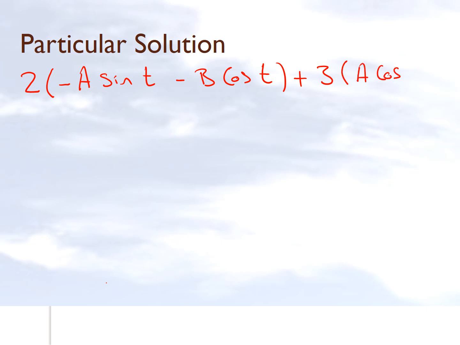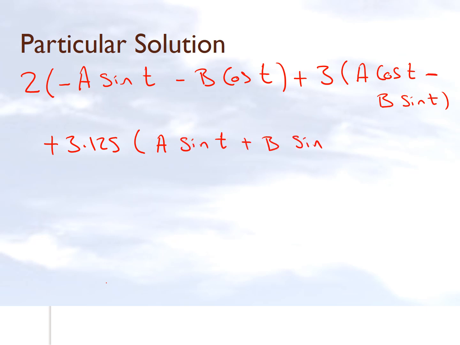We have 2 times the second derivative, which is minus a sine t minus b cosine t, and then plus 3 times the first derivative, so that is a cosine t minus b sine t, and then plus 3.125 y, so it is a sine t plus b cosine t.